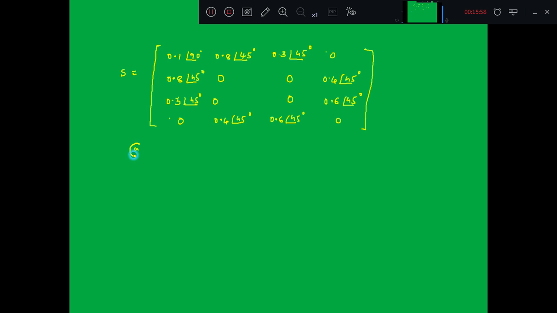So here you have to find whether the network is reciprocal and lossless, and also you have to find the return loss at port 1 when port 2 is short circuited.